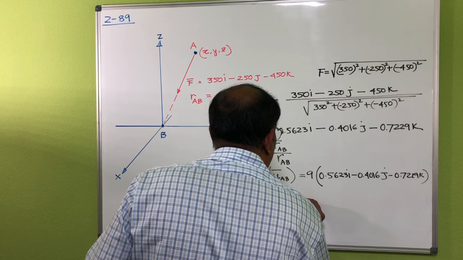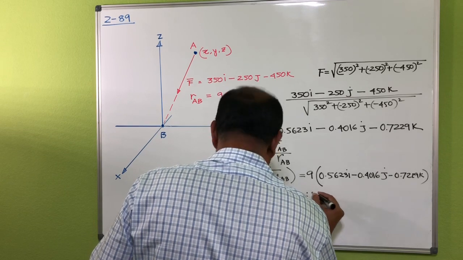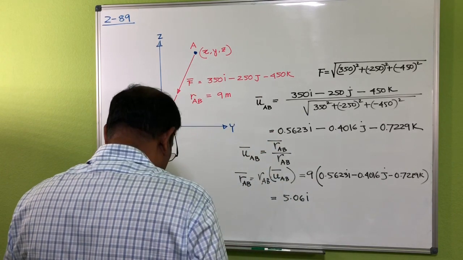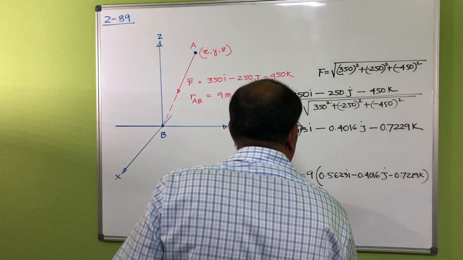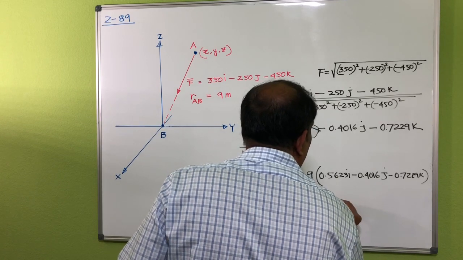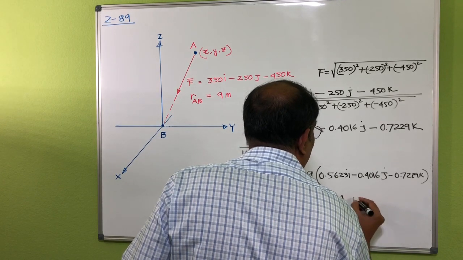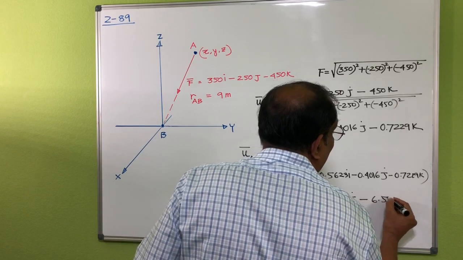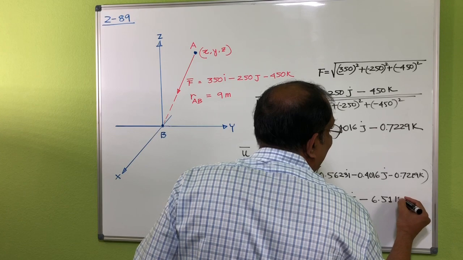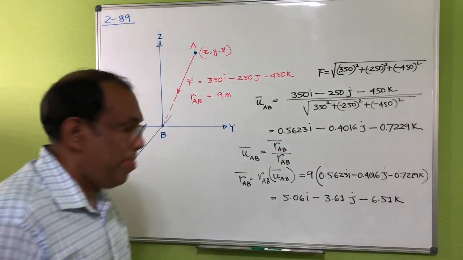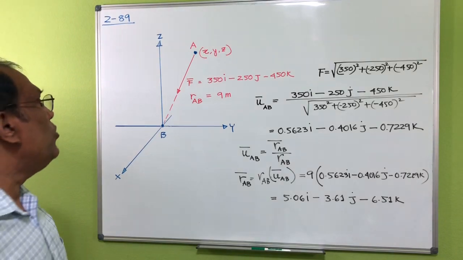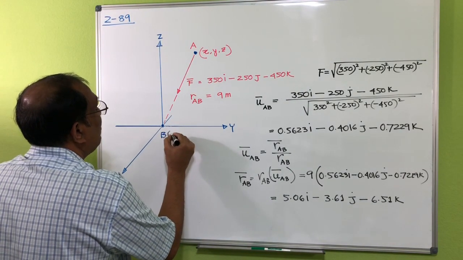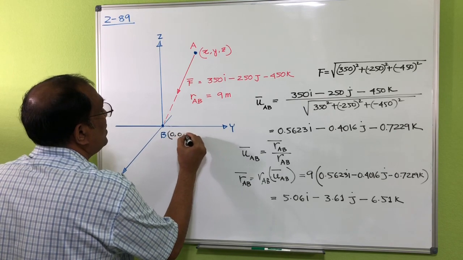Okay, so that's nothing but actually 5.06 I minus 3.61 J minus 6.51. Okay. Now you can also see the location or coordinate of B is 0, 0, 0.